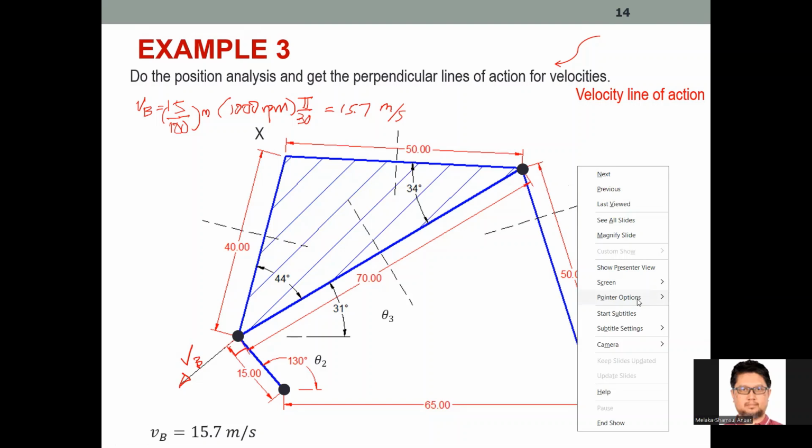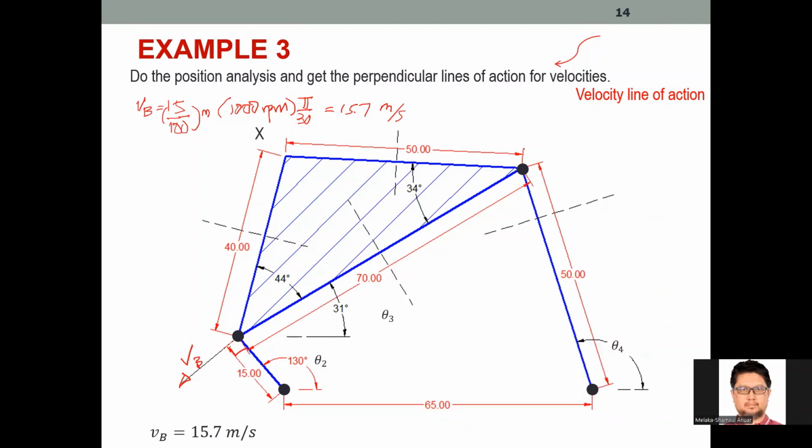So this is point C, this is point B, this is A, D, and this is for VC, this is for VC/B, okay, and so on and so forth.